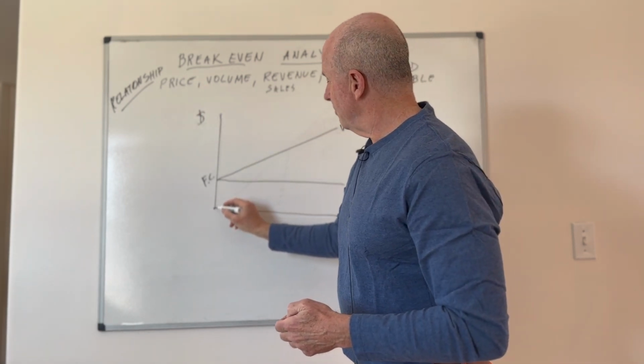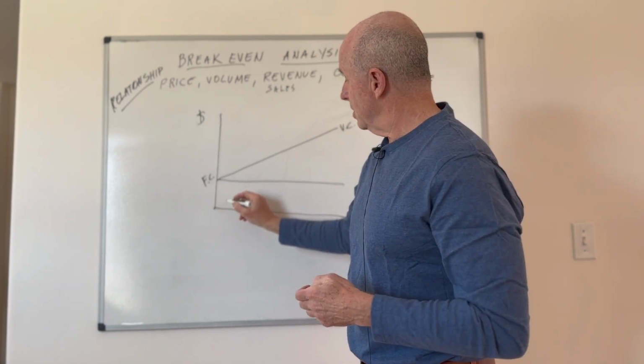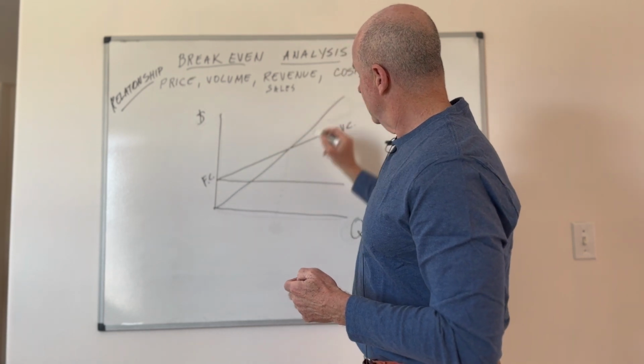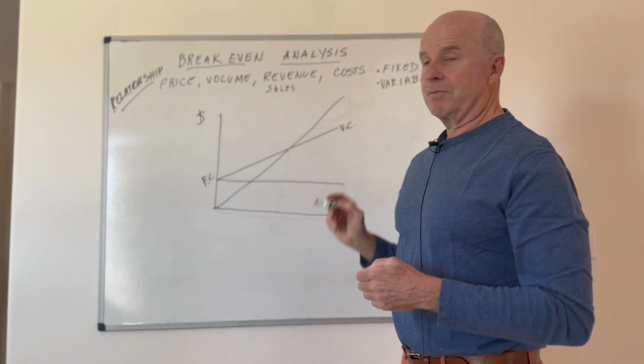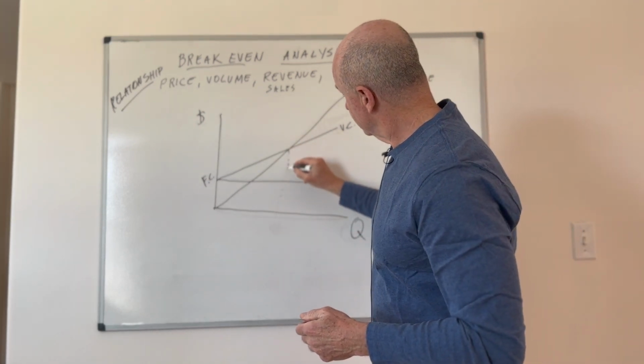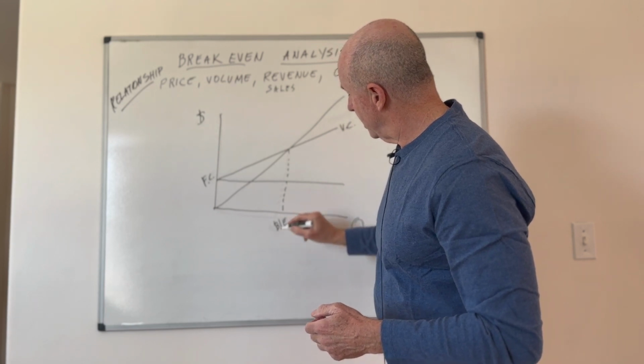And so let's say we've picked our price, and we're going to look at several prices to see maybe even, but we could pick a price, and that price, as we go up, crosses over this point at some point of our costs. And that point is the break-even point.